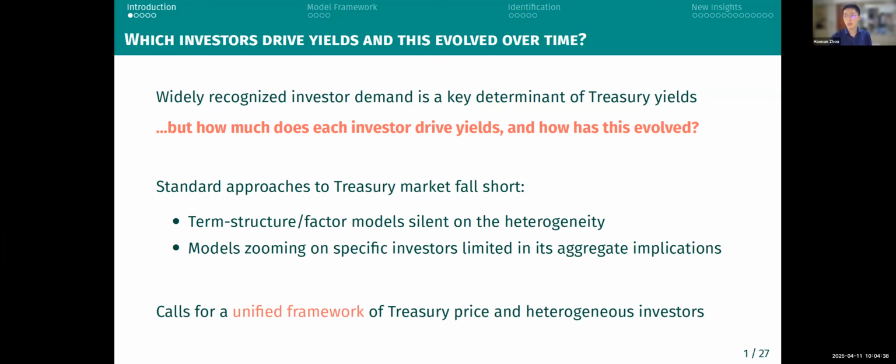And there are also papers, especially on the empirical front, trying to zoom in on specific investors. Let's say characterizing the role of the Fed in moving Treasury yields, or the role of foreigners in moving Treasury yields over time. But we know that Treasury yields are a highly endogenous object, determined by the interaction of demand and supply coming from a variety of different players.